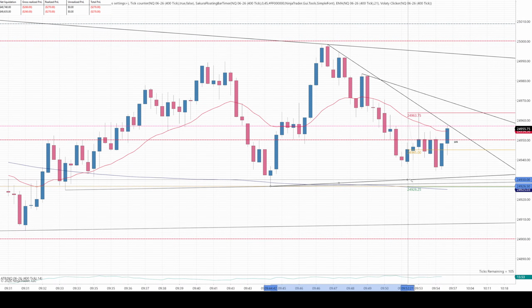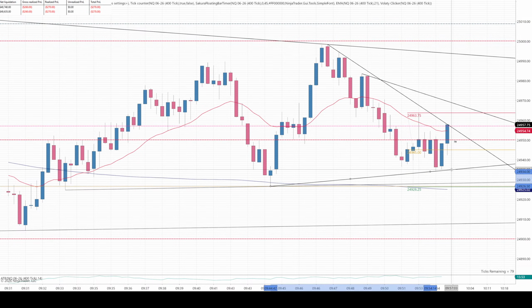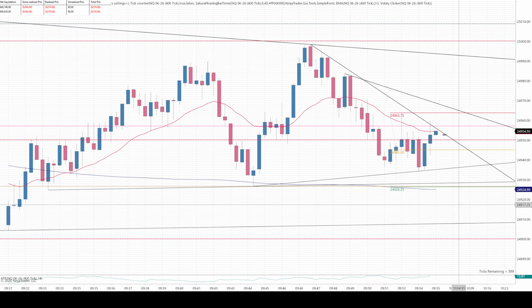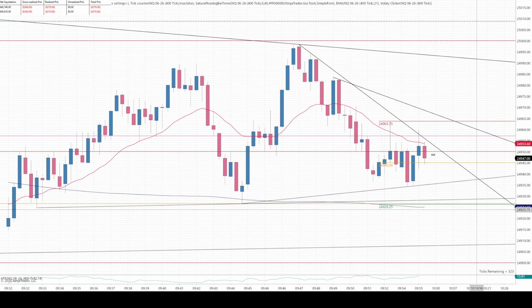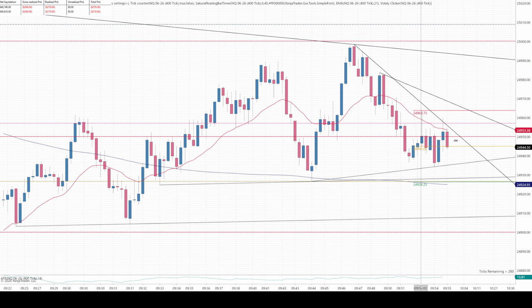Okay, so we redraw this trend line now, this higher low. See, we're met up with resistance up here with these trend lines. We're in a very tight range at the moment. We just have to break out. We'll get better setups. Still in the same bearish trade.